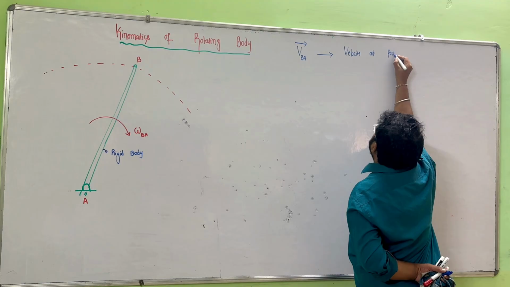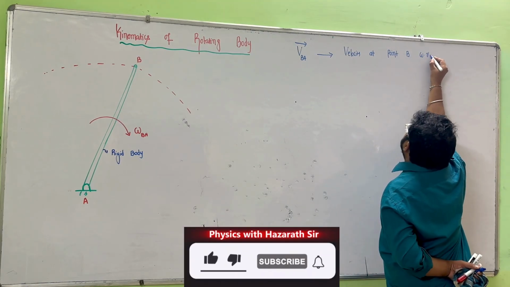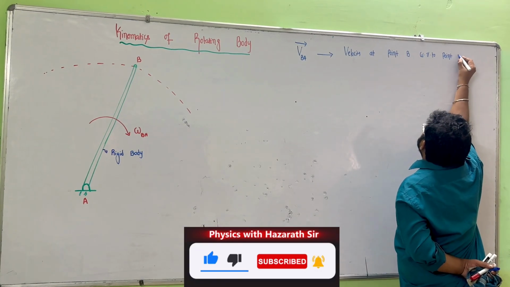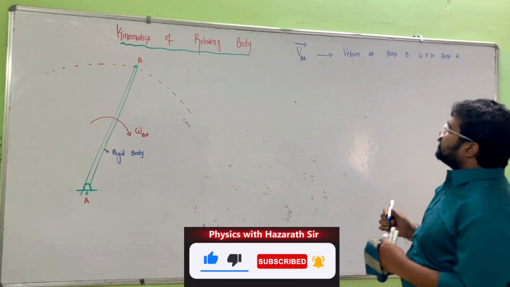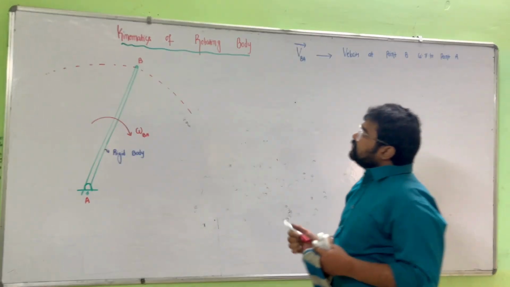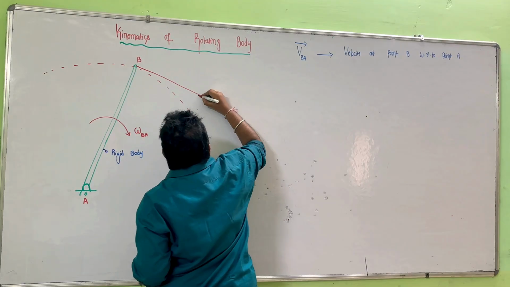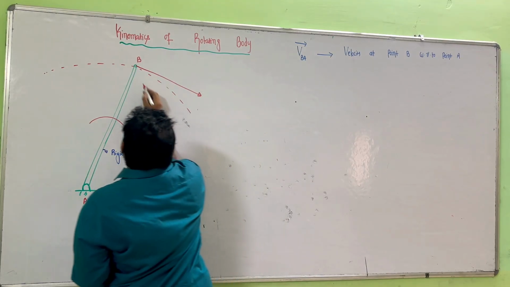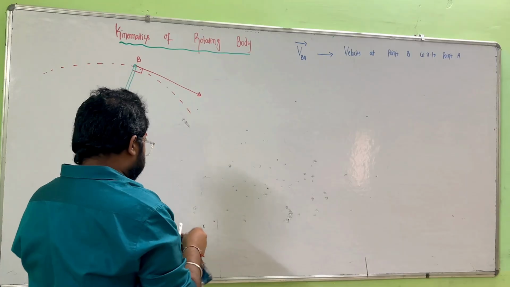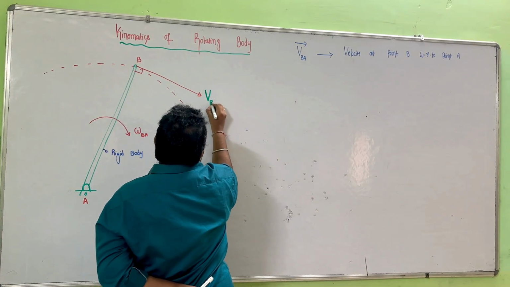Velocity at point B with respect to point A. So here, we need to draw the perpendicular.